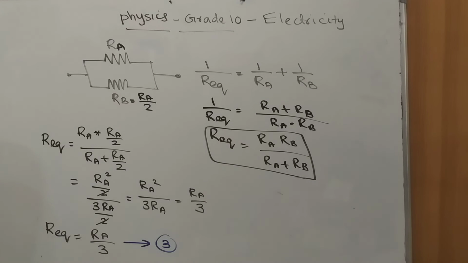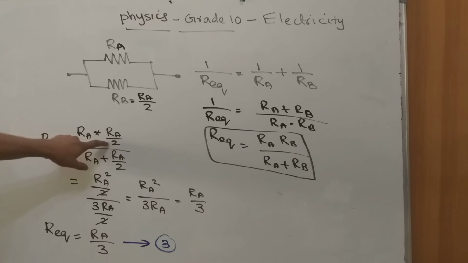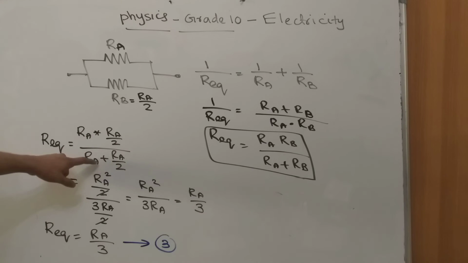If you substitute the values of RA and RB, we can calculate R equivalent as RA multiplied by RA divided by 2, divided by RA plus RA divided by 2. The numerator is RA square divided by 2 and the denominator is 2RA plus RA, which is 3RA over 2.